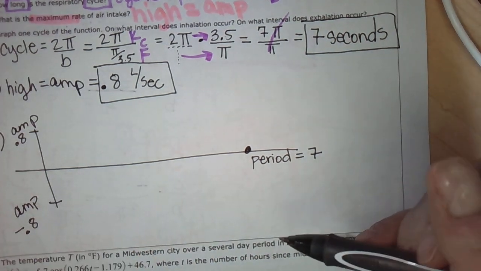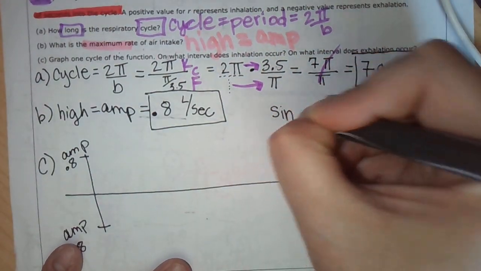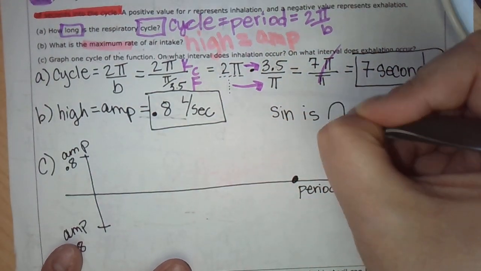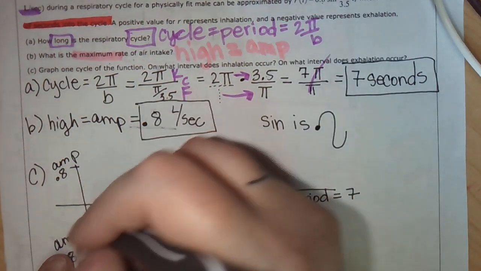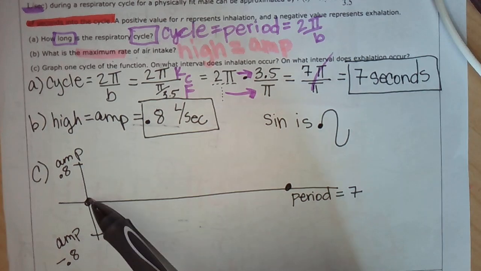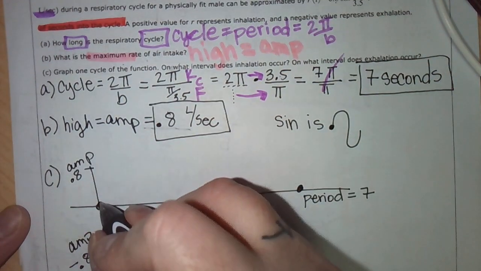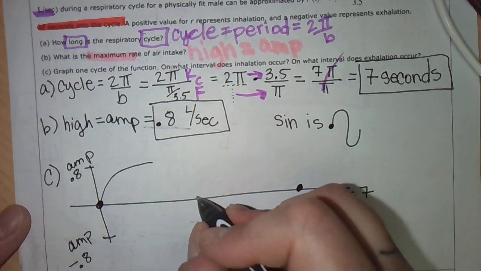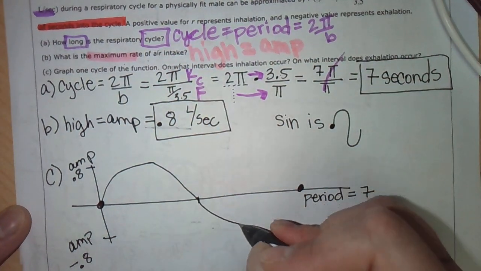I say that we always do that because this equation is sine, and sine looks like it starts in the center, and then it humps up and it humps down. Okay, so let's graph it. Hump up. Halfway through, it's supposed to come back down.